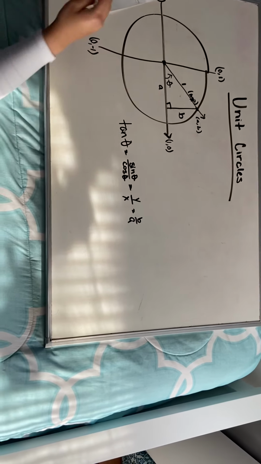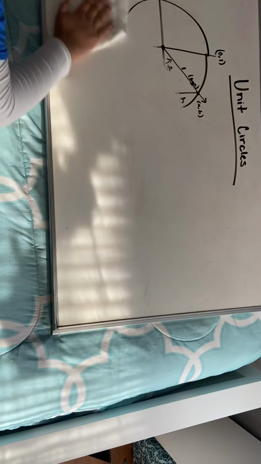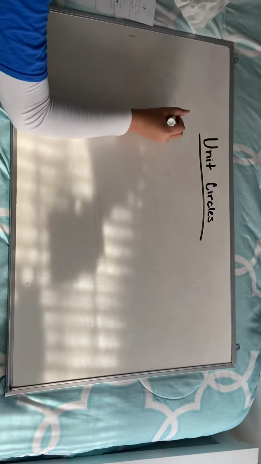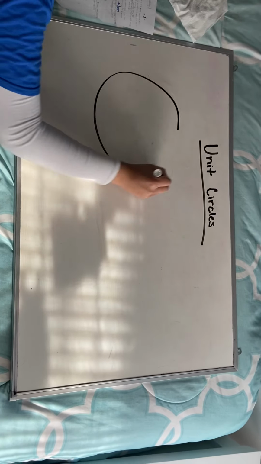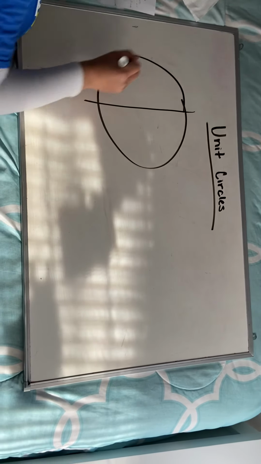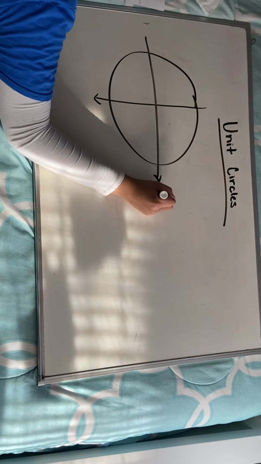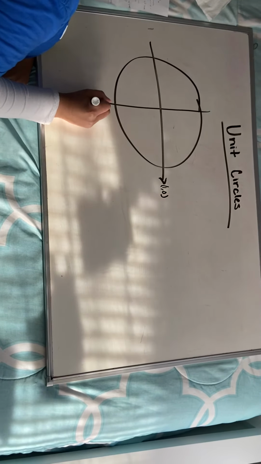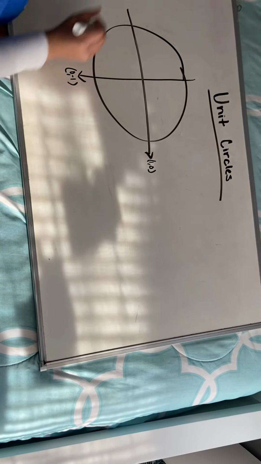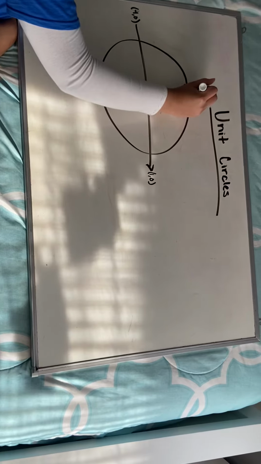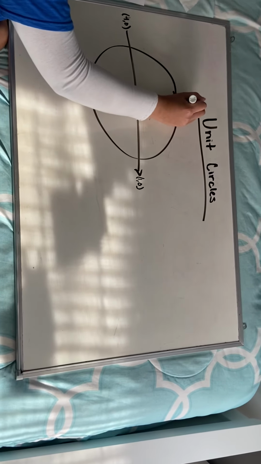So now I'm going to actually create a new circle, and we're going to make an actual unit circle. So I'm going to create a new circle here, part it into 4 pieces again. It's going to be 1, 0, 0, negative 1, negative 1, 0, and 0, 1.